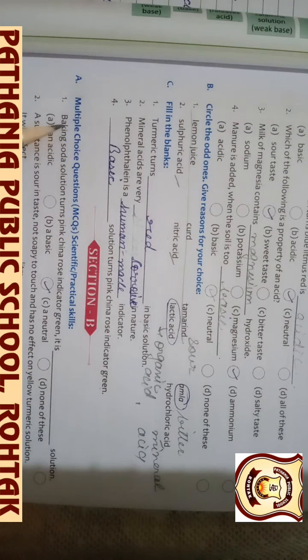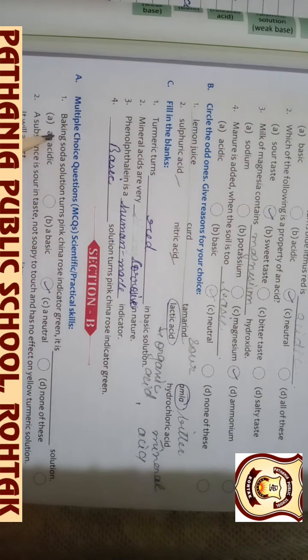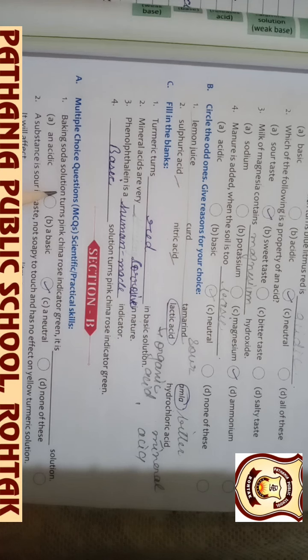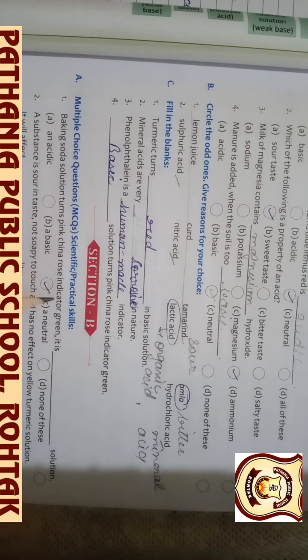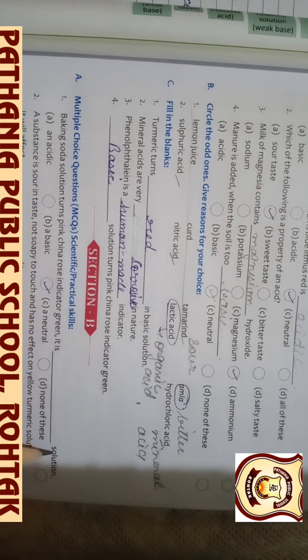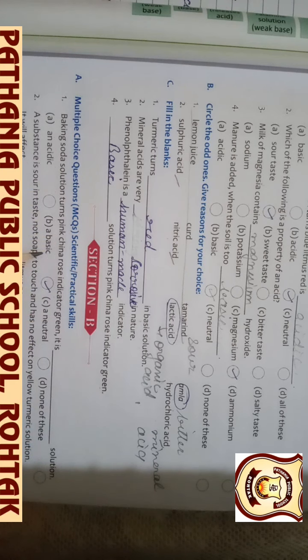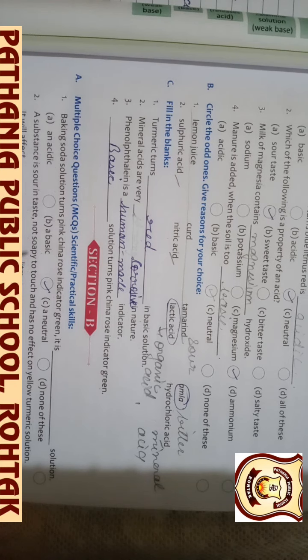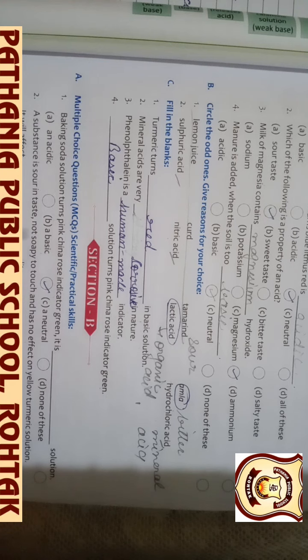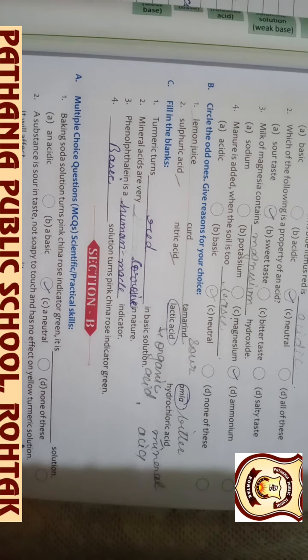So next, section B, multiple choice questions. Baking soda solution turns pink China rose indicator green. It is a basic solution. A substance is sour in taste, not soapy to touch, and has no effect on yellow turmeric solution. That means all these symptoms show that the solution is acidic in nature.